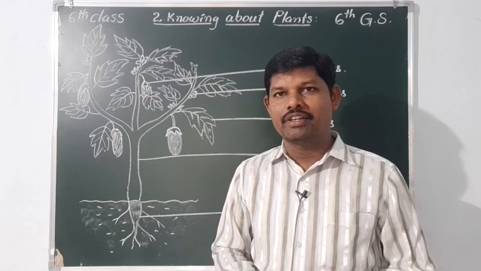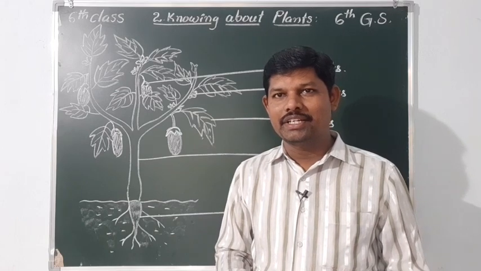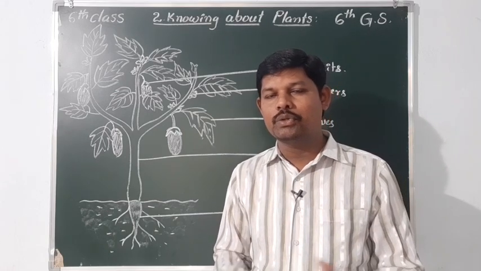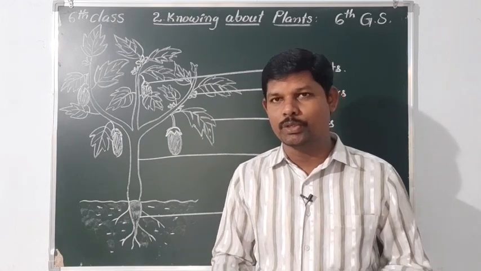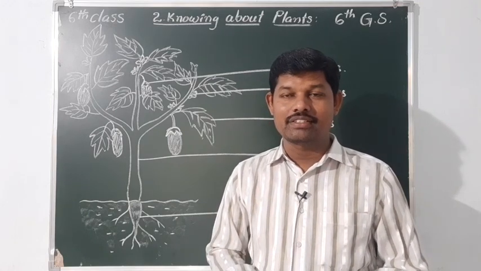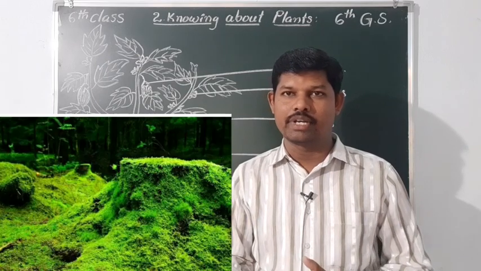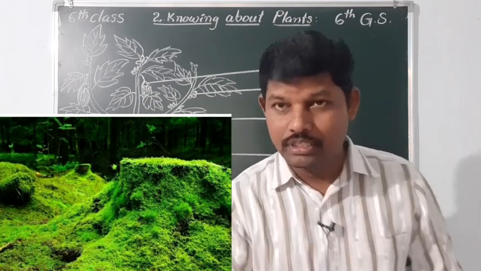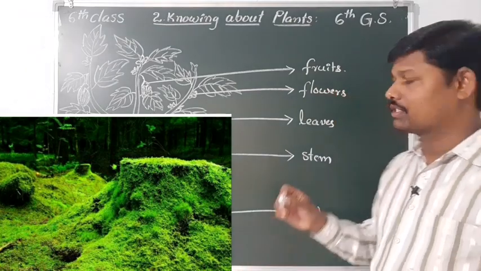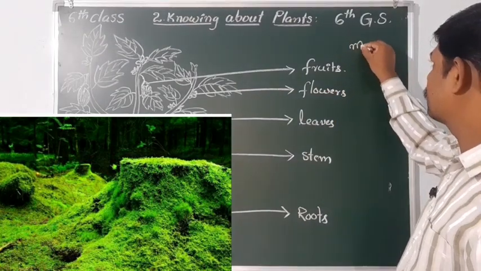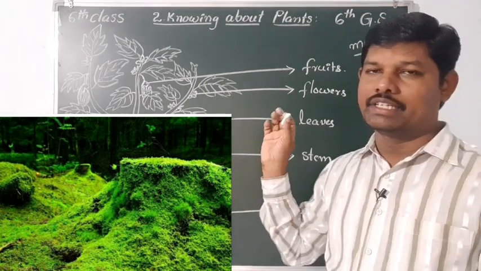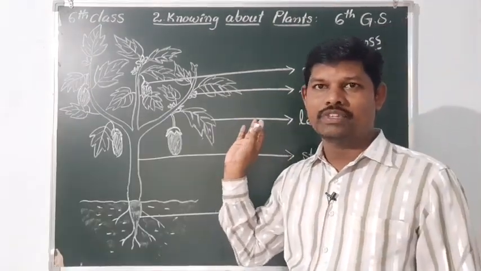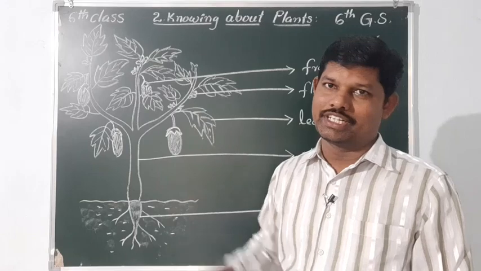Maybe you all say that every plant has roots, but there are some plants without roots also. That is moss plant, M-O-S-S. Moss plant does not have roots in its early stage.